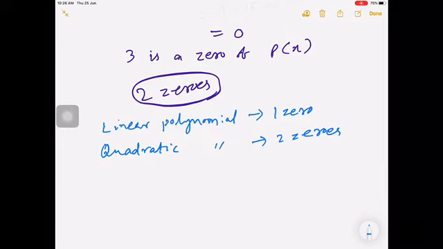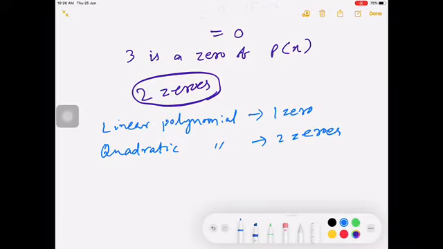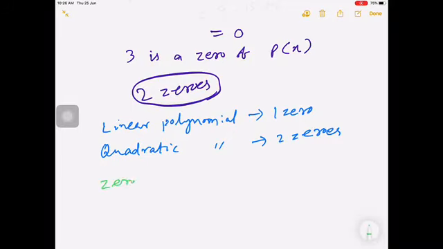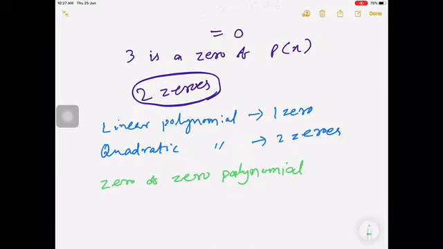And what about a zero polynomial? You know, zero polynomial is 0 itself. So what is the 0 of the 0 polynomial? Many students get confused about this because the 0 polynomial is itself 0.